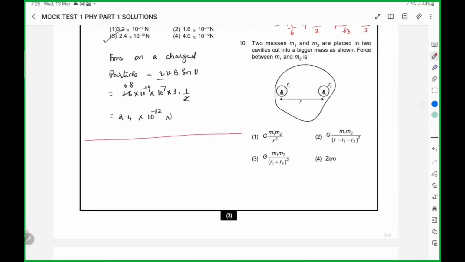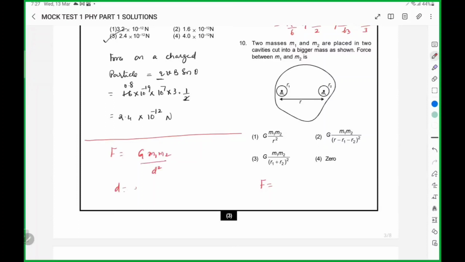Here it's a direct question, to calculate the force exerted. The force between M1 and M2 is F equal to G M1 M2 by D square, direct.